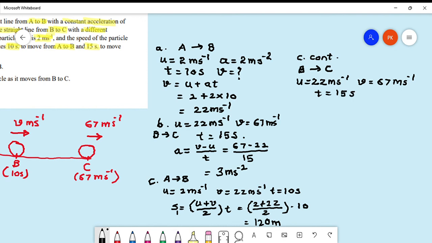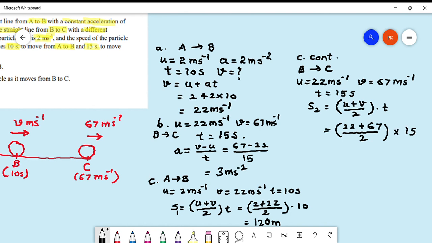So I will take this displacement as S2. S2 will be u plus v divided by 2, into t. So that will be 22 plus 67 divided by 2, into 15.